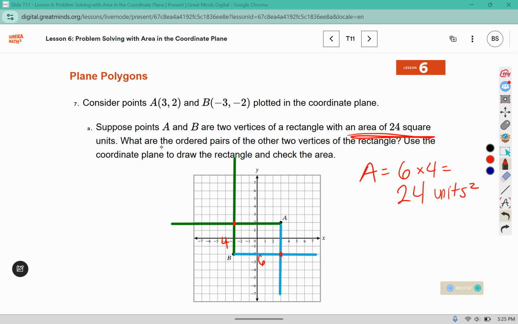So the question was, what are the ordered pairs of the other 2 vertices? Well, the other 2 vertices are these points where those parts cross. So we need to write the coordinates for these points. This point up here is at (-3, 2). And this point over here is at (3, -2).